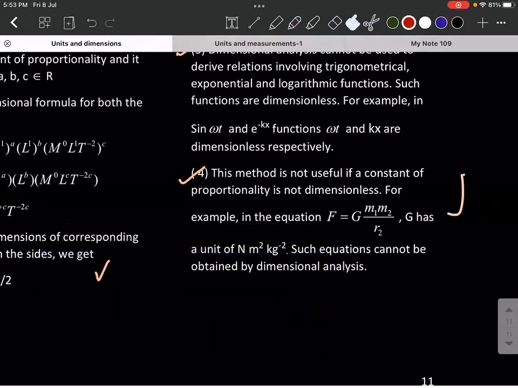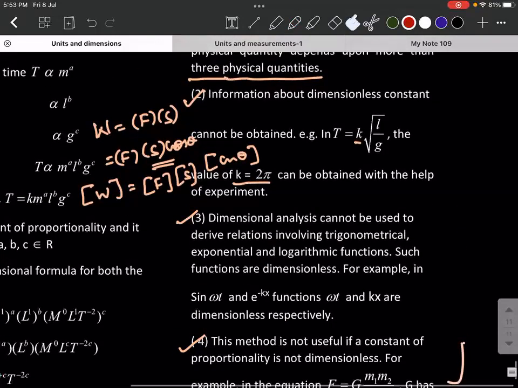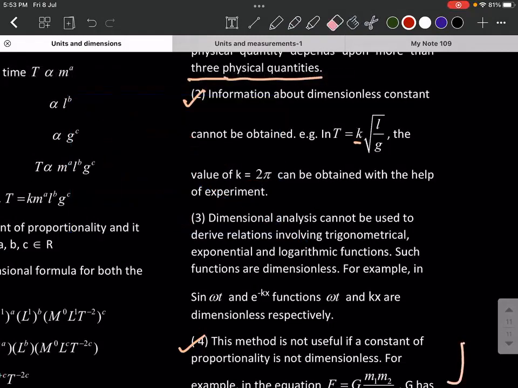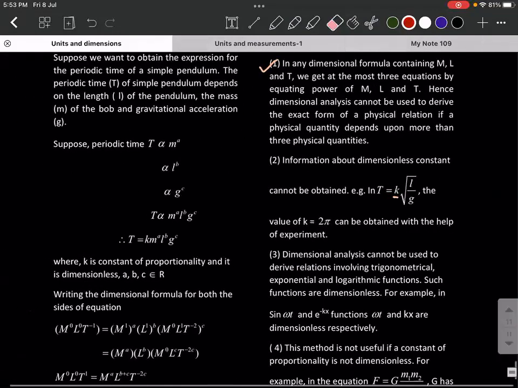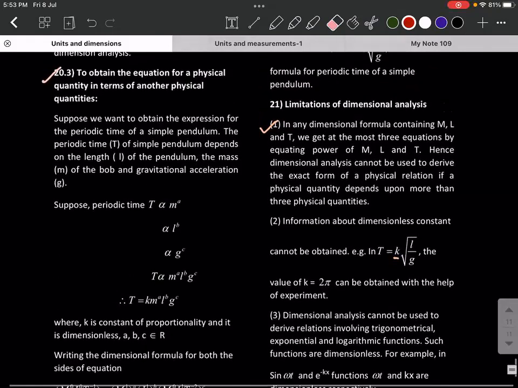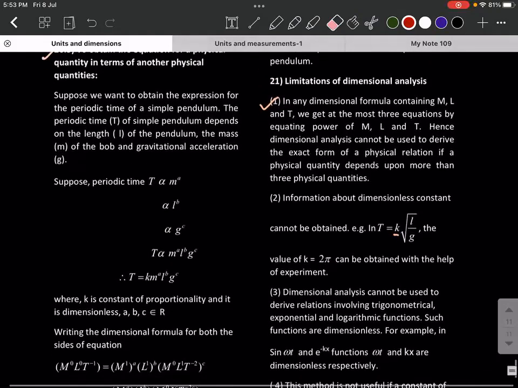So I'll give you 5 minutes time. Make a note of all these things. Just exactly copy the points. Is it visible? You're able to see it? Okay, write it. So the heading would be limitations of dimensional analysis.